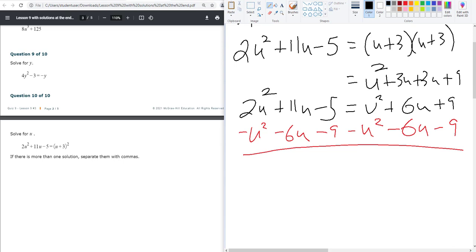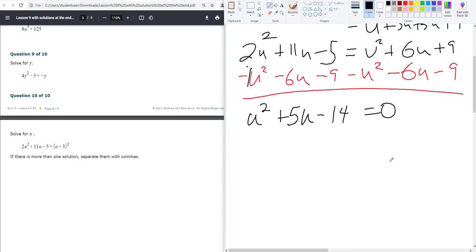As I subtracted each one, I made sure I did it on the right side and on the left side. So 2u squared minus 1u squared is 1u squared. 11 minus 6 gives me 5u, and then that's minus 14 equal to 0.